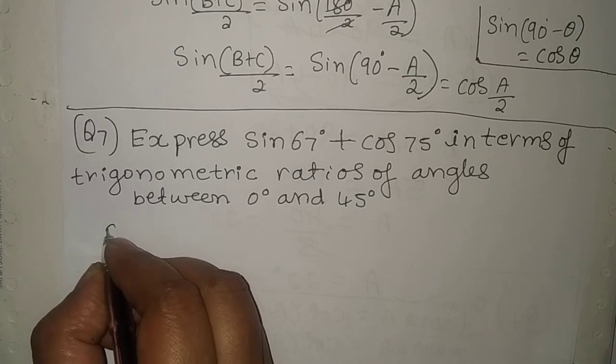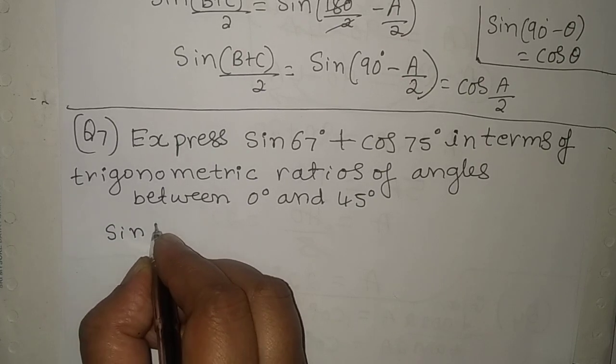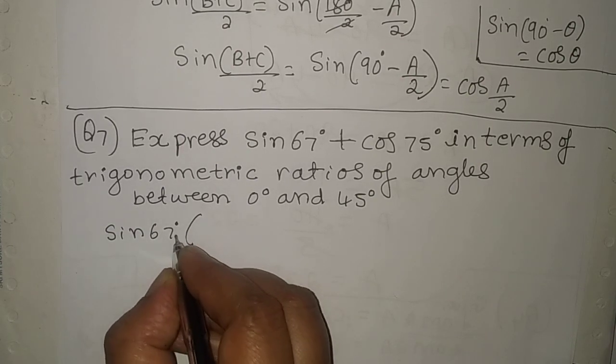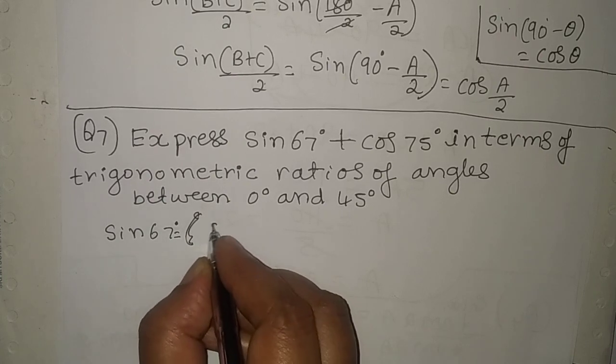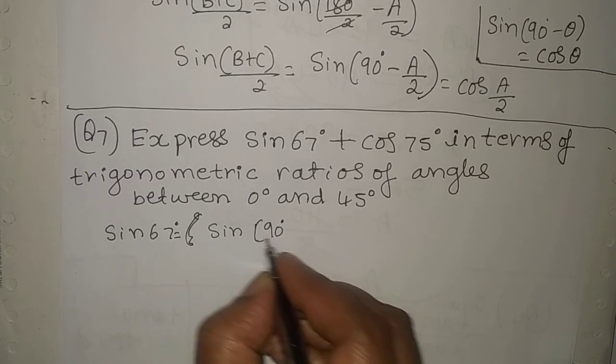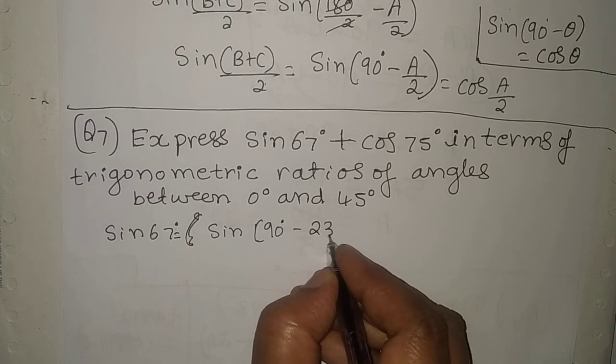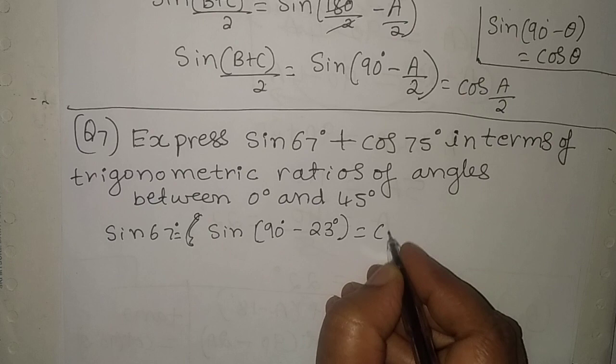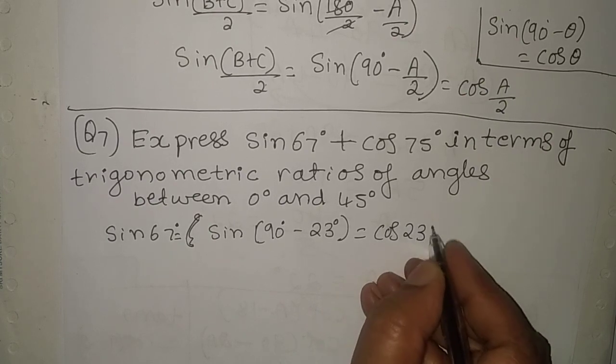Now first we will take sine 67 degrees, which can be written as sine of (90 minus 23), which is equal to cos 23.